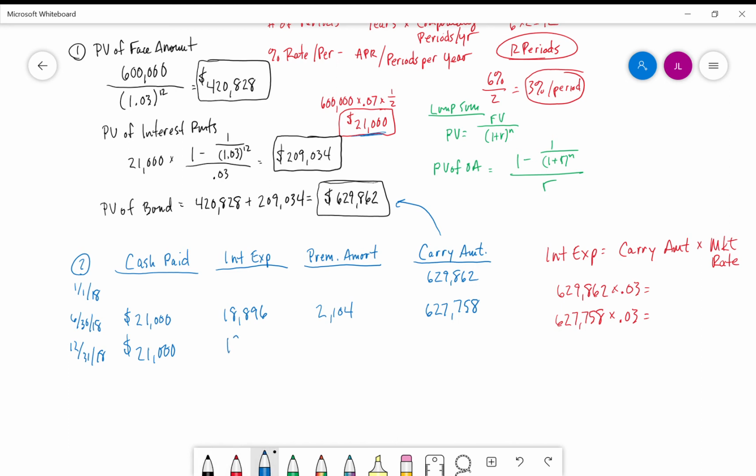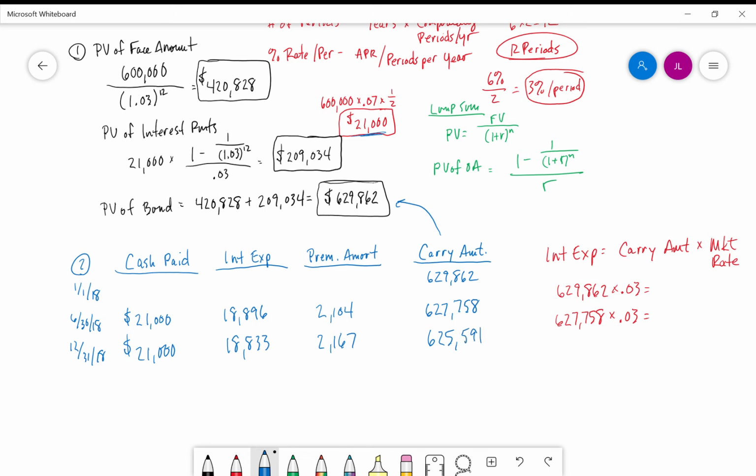So we will have $18,833 for interest expense. The premium amortized, again, is the difference between these two, $2,167, which means our carrying amount now is, let's see, 625,591.